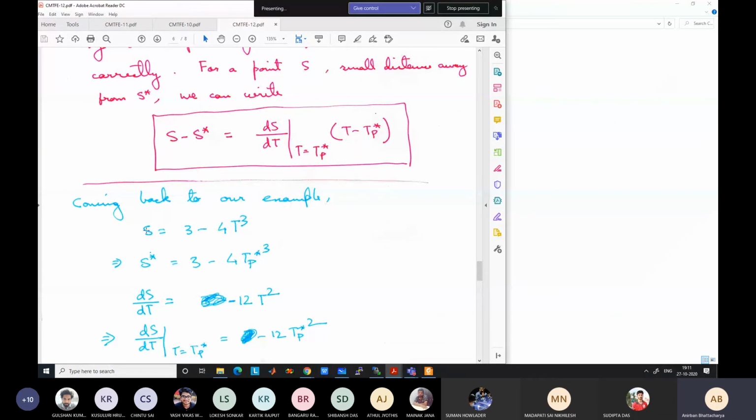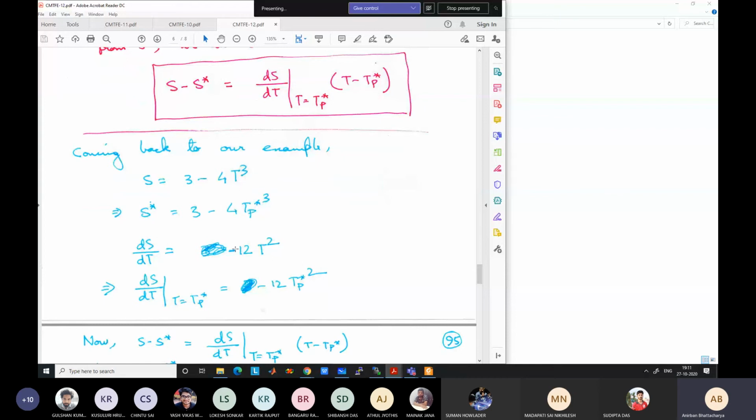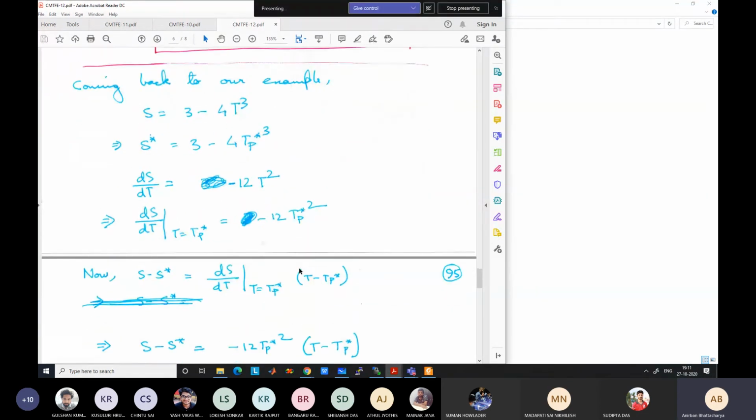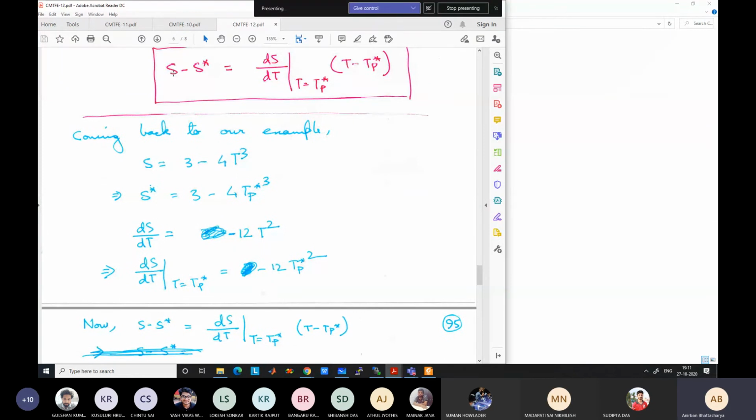We are just taking a derivative of the source term with respect to T to find the slope. So at T equal to TP star, the slope is minus 12 TP star squared, because the temperature value is TP star, the known old iteration value. So now I can replace this in this equation.